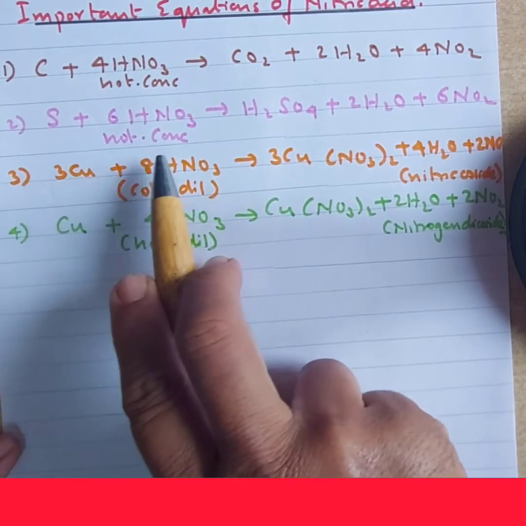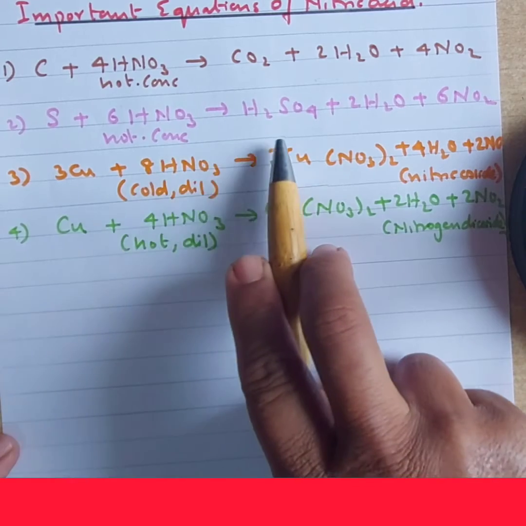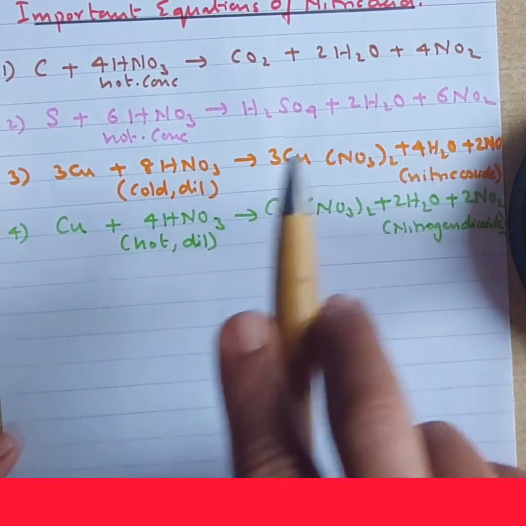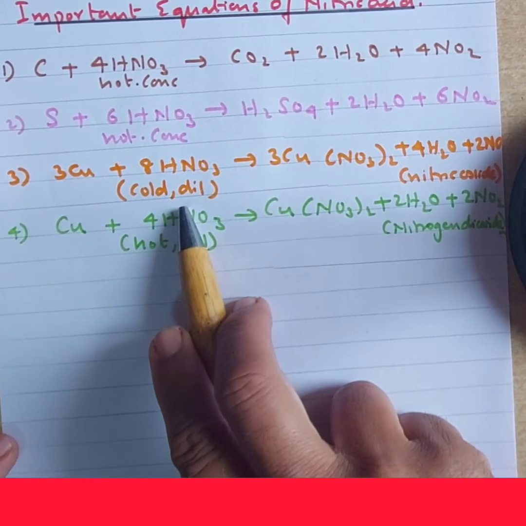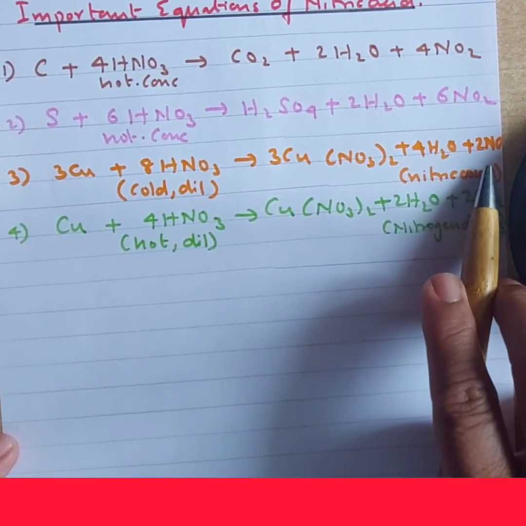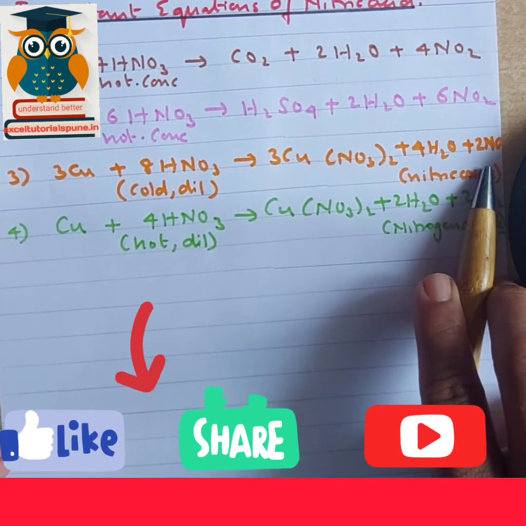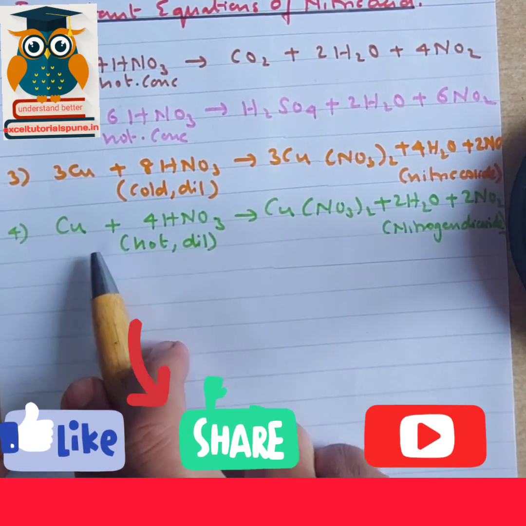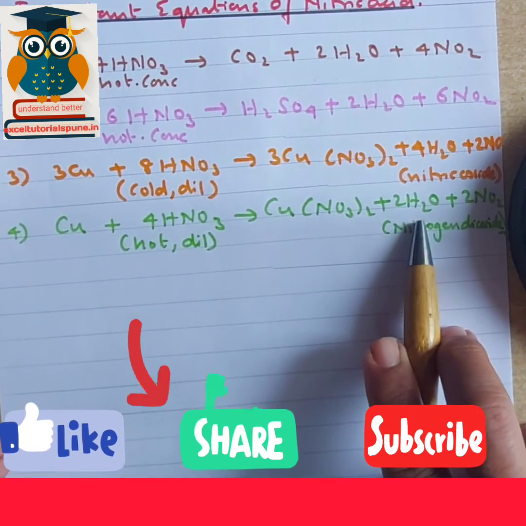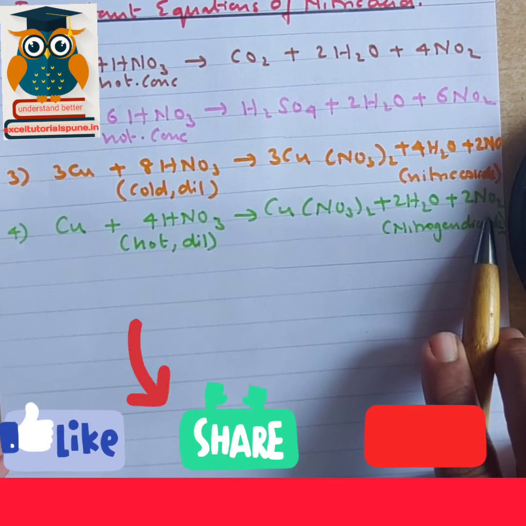So sulfur with hot concentrated nitric acid gives you sulfuric acid plus water plus nitrogen dioxide. Then copper with cold dilute nitric acid gives you copper nitrate plus water plus nitric oxide. And when you take copper with hot dilute nitric acid, it gives you copper nitrate plus water plus nitrogen dioxide.